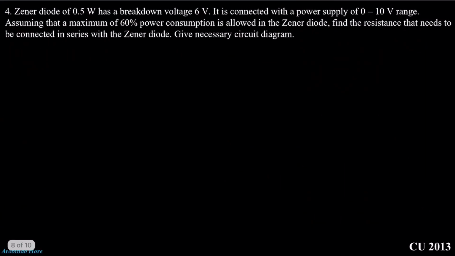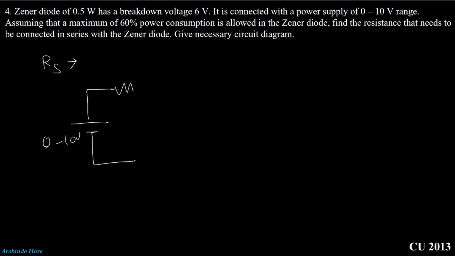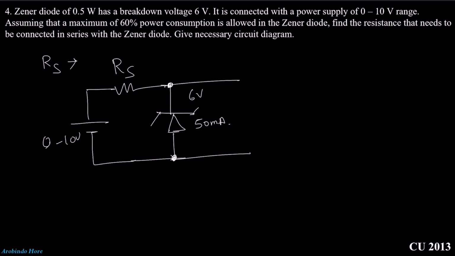Now they told us to calculate the series resistance Rs such that the Zener diode will not burn. Here the voltage source is 0 to 10 volt. This will be Rs, and here we have the Zener diode whose maximum current is 50 milliampere and Zener voltage is 6 volt. The maximum current that can flow is 50 milliampere, and the max voltage is 10 volt.